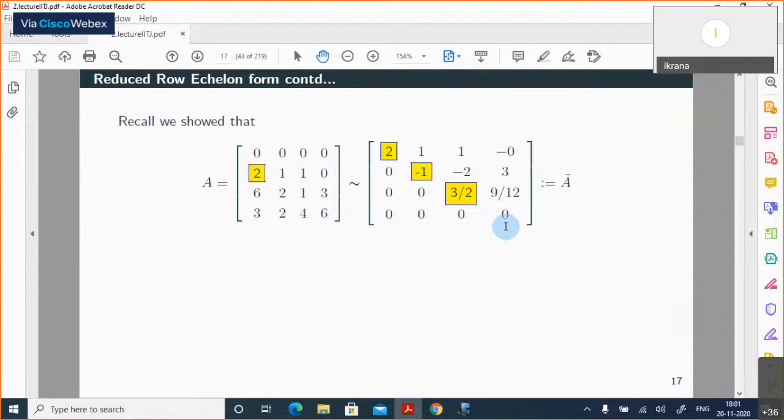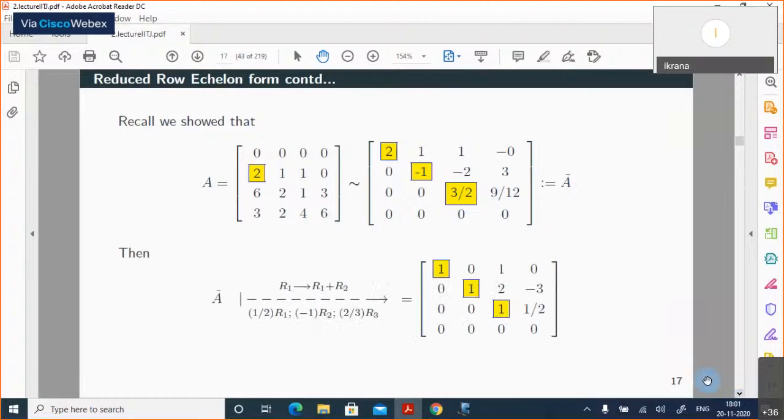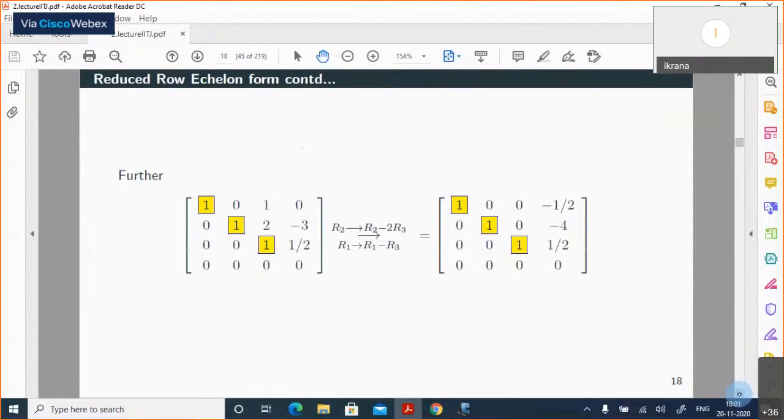And similarly the last one. So this is what is called the reduced row echelon form of the matrix here.